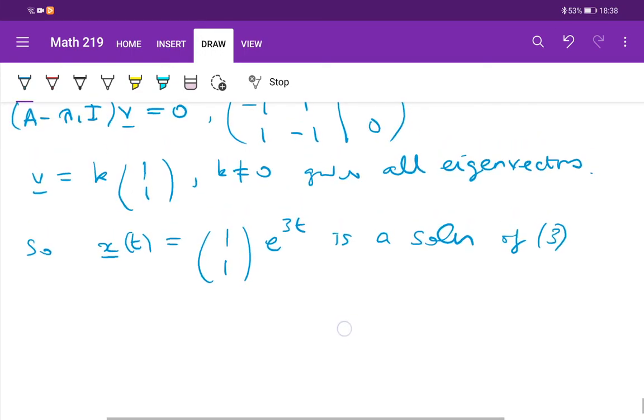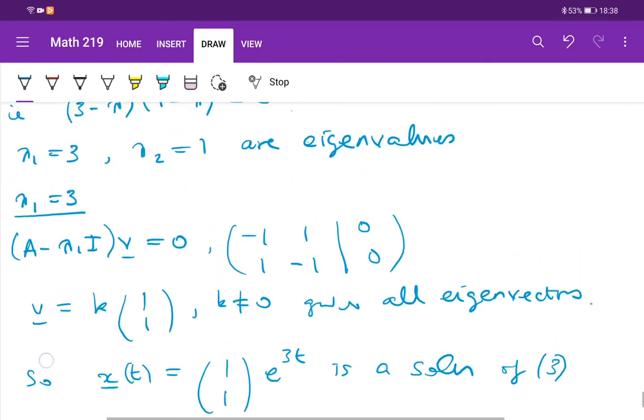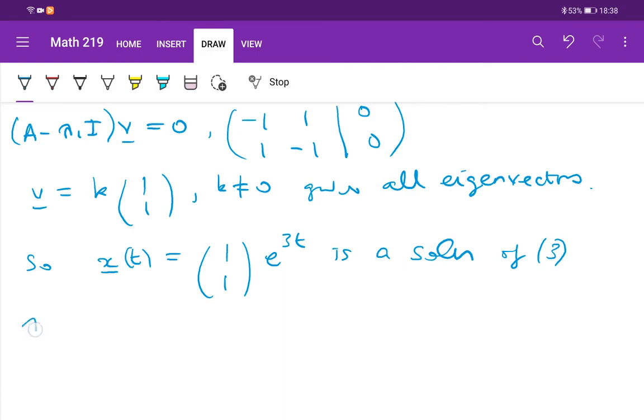So that's one solution, and if you take the other value of lambda, lambda 2 equals 1, and now work out the eigenvectors, in this case you get, I won't write it down, I'll just tell you the answer, k times (minus 1, 1). So k non-zero gives all eigenvectors.